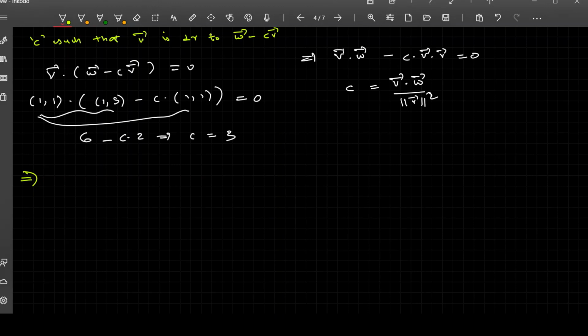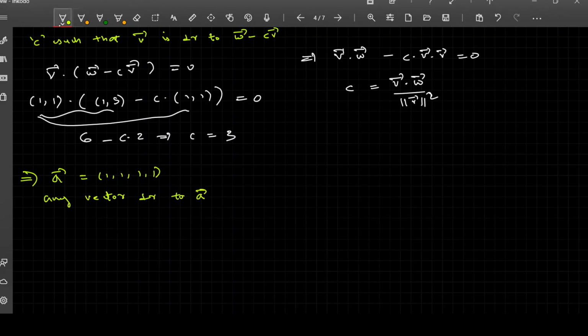So coming to the next problem, it has been given to us that A vector is 1 comma 1 comma 1 comma 1, and they asked us to find any vector perpendicular to A vector. Fine.